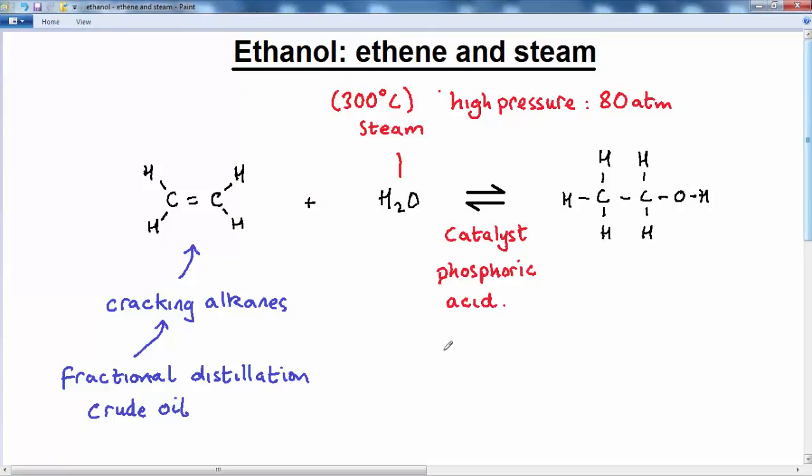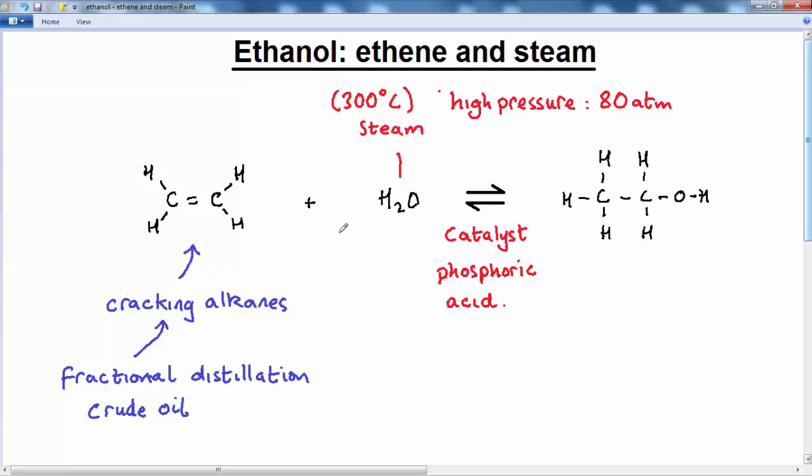One thing I'd like to mention about this manufacturing process in the context of your IGCSE, GCSE exams is that actually you don't really need to worry too much about the reversible reaction principles here, about what favours the forward reaction.